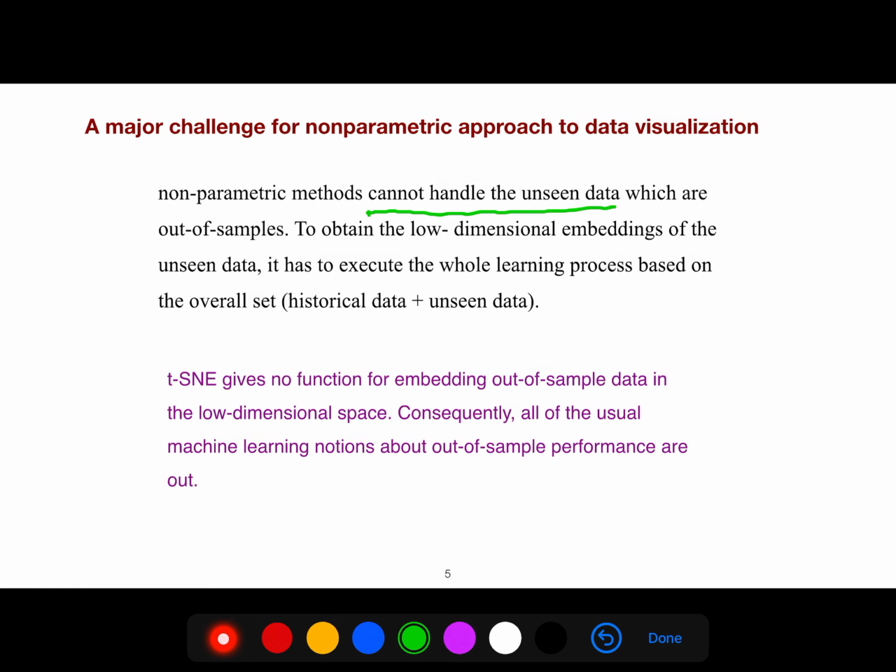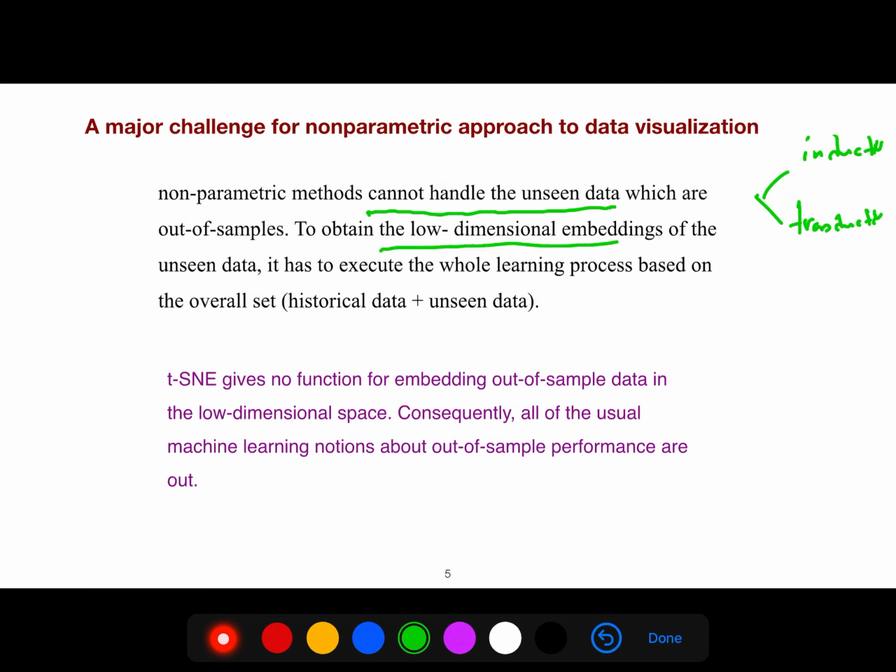There is a category they call inductive and transductive. You can learn about these things. So we cannot handle unseen data because they are out of sample. Of course you can do it, but you should rerun the algorithm, because you cannot just use these unsupervised learning methods for out-of-sample data.